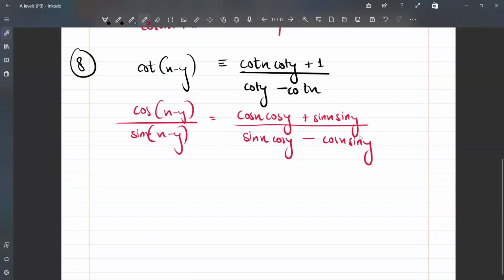Now notice that this cannot be simplified further. So what we are going to do is, since we need cot in the numerator and in the denominator, we can divide this whole thing by sin x sin y.